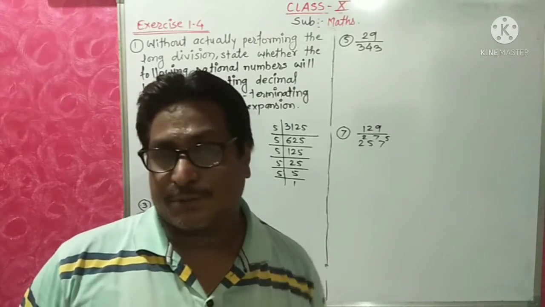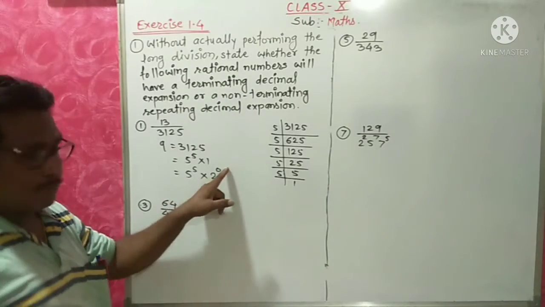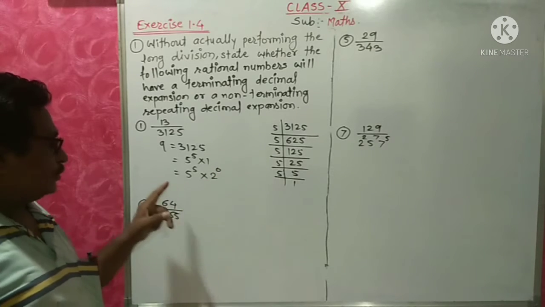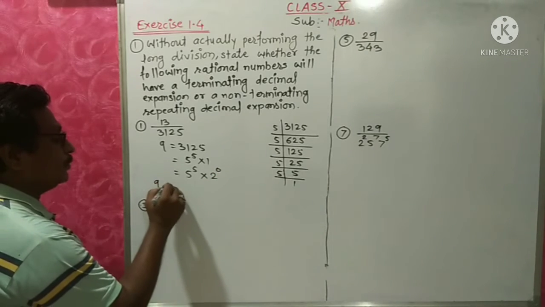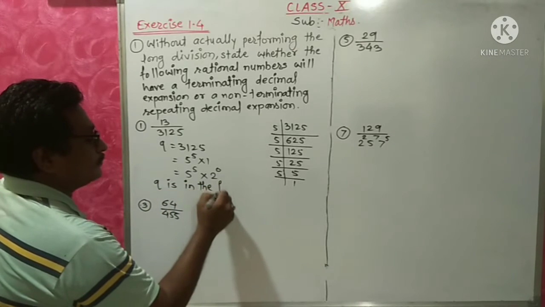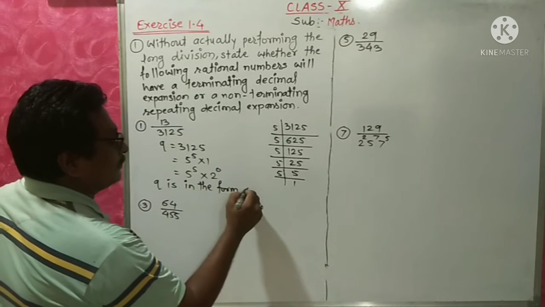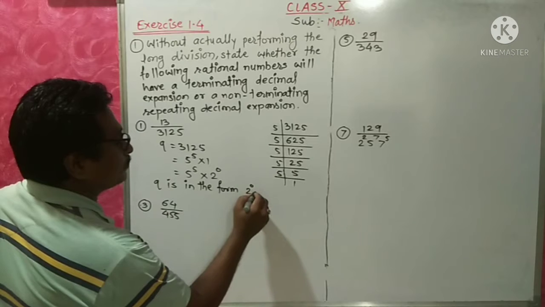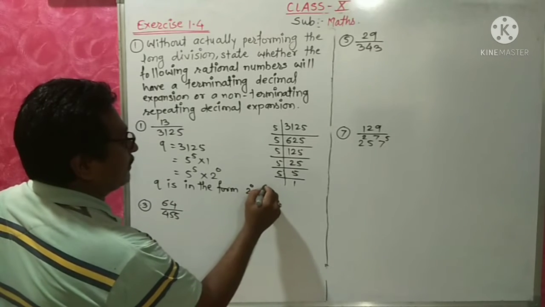We studied laws of exponents. So here we want 2 raised to the power 0. So Q is in the form 2 raised to the power 0, 5 raised to the power 5.